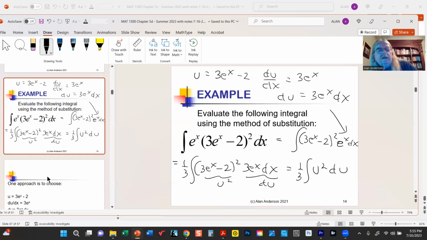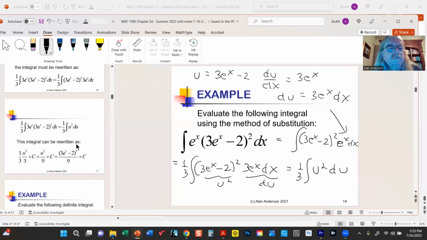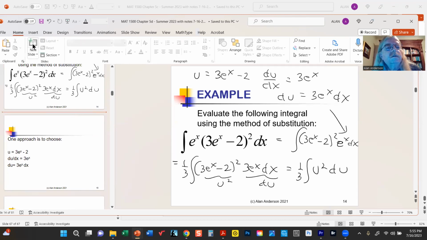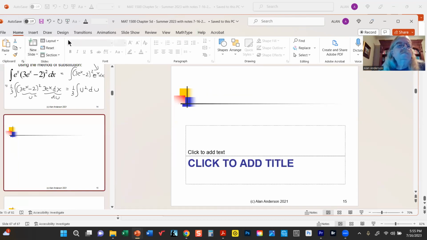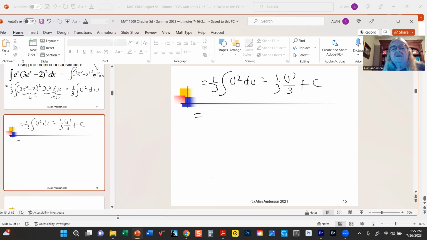So we repeat that here. It's 1/3 integral u squared du, which is 1/3 by the power rule, u cubed over 3 plus c, equals u cubed over 9 plus c.